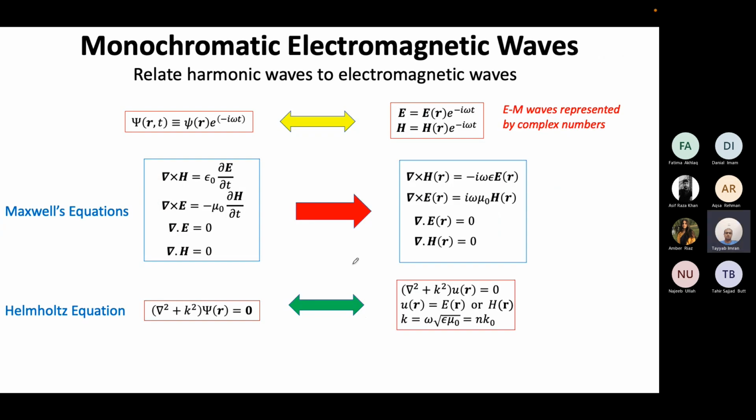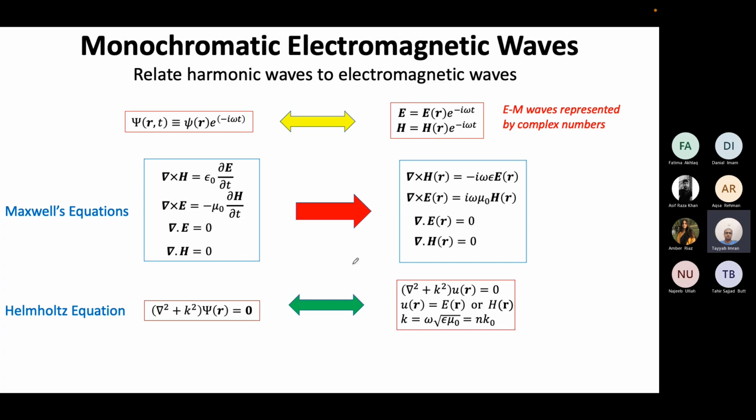Okay, monochromatic electromagnetic waves. ठीक है, monochromatic means it's not exactly a single wavelength, but assume that monochromatic means a single wavelength somehow. ठीक है, और एक ही frequency.